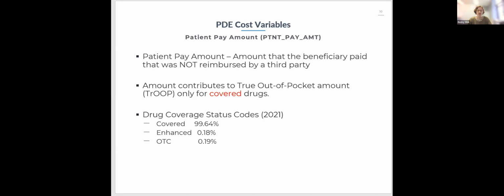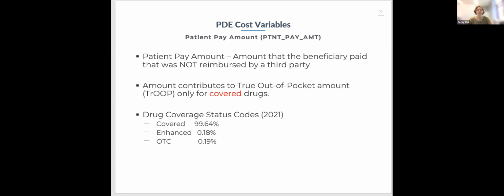Most drugs are Part D covered, but the ones in the smaller categories may be drugs that are paid under an enhanced Part D plan, or perhaps an over-the-counter drug covered by a plan.